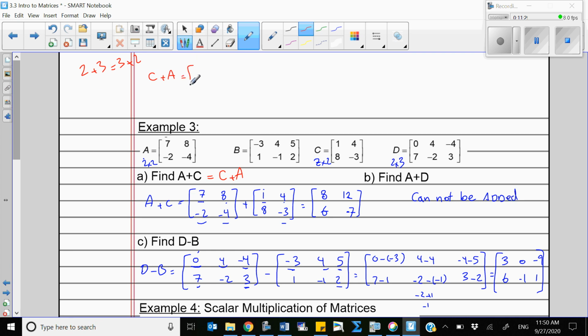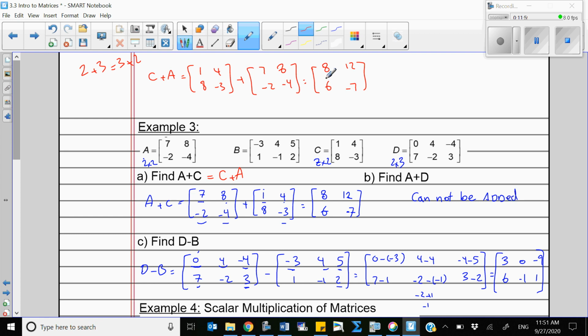So C plus A is going to be 1, 4, 8, negative 3 plus 7, 8, negative 2, and negative 4. So as I add them, because we are adding the corresponding entries, 1 plus 7 is 8, 4 plus 8 is 12, 8 plus negative 2 is 6, and negative 3 minus 4 is negative 7.